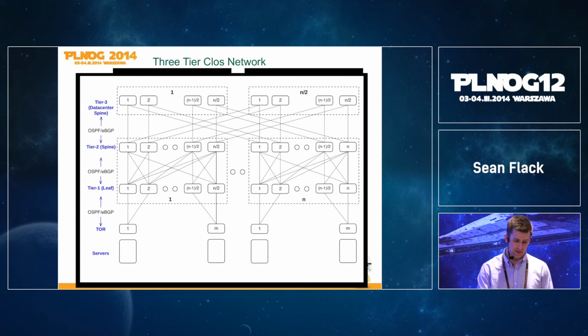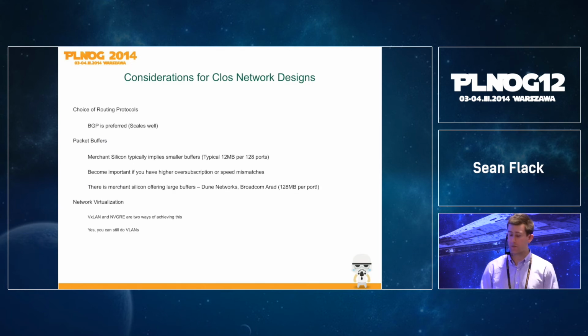There are a few options, and I won't go into much detail on them, but there are options like VXLAN and NVGRE, both of them standard, and both available in lots of vendor products today. And at the end of the day, you can still do VLANs. We can still have VLANs at the top of rack and use VLANs for local switching, but there are other ways to connect them together.